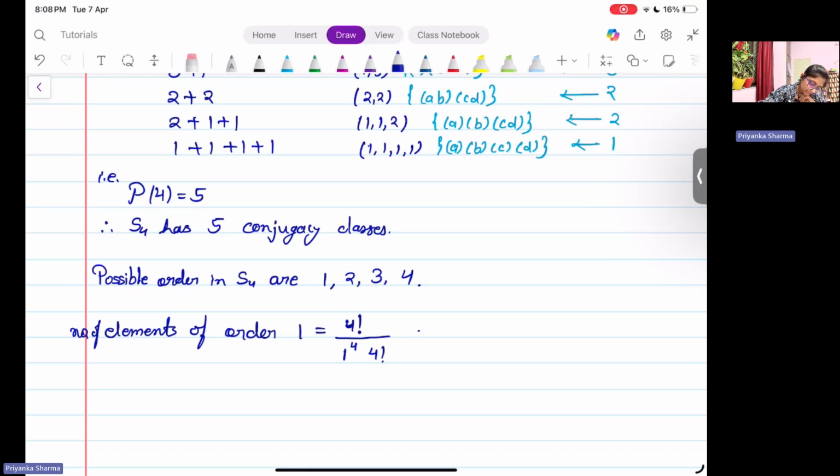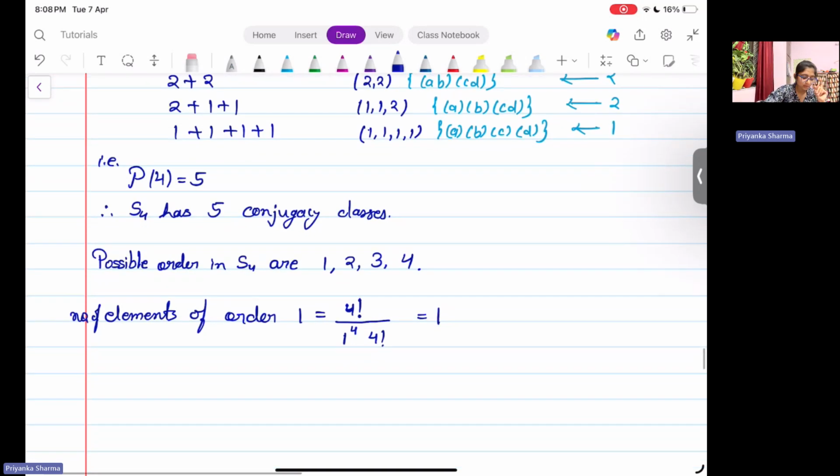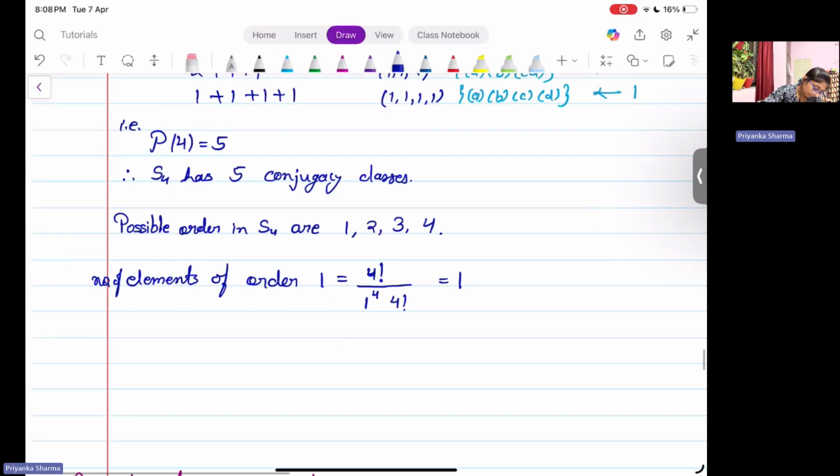So this will be this, and this is 1. That is, there is only one element of order 1. That is true for every group because this is the identity element.